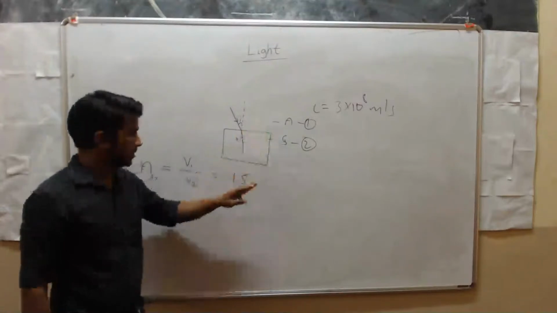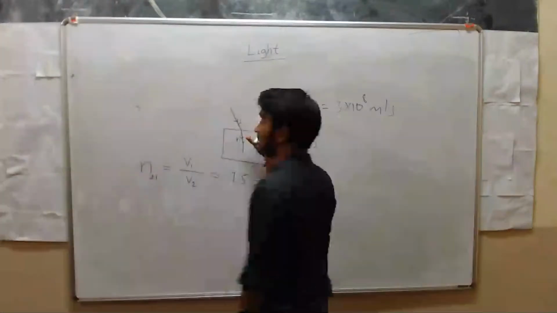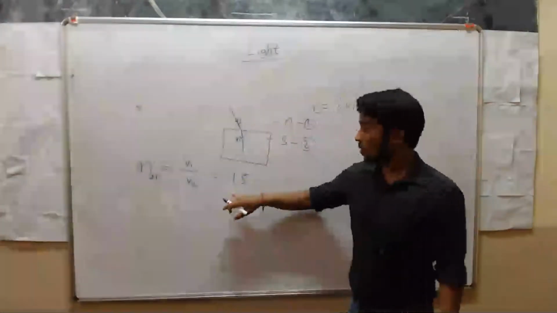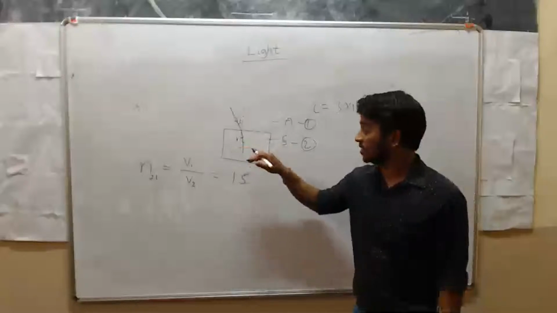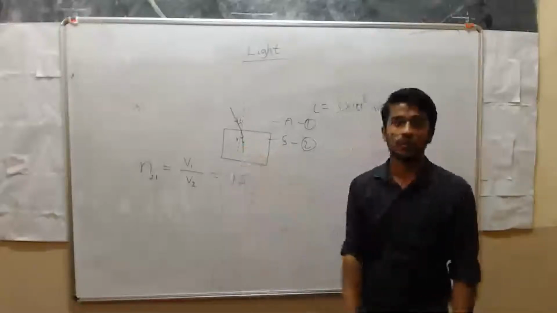Okay, so here the 1.5 means, or we can say that the speed of light in air is 1.5 times greater than the speed of light in glass medium.